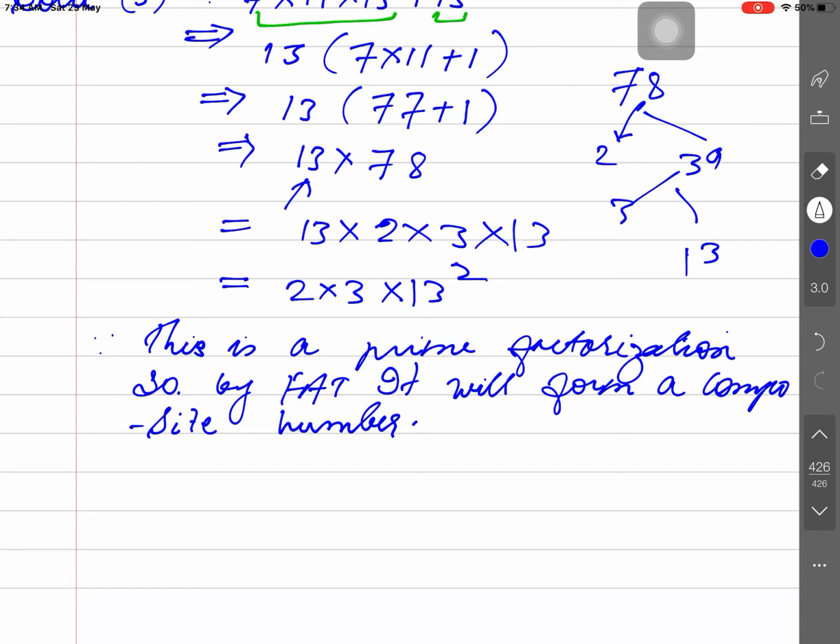We are not just saying this is a composite number; by the fundamental theorem of arithmetic, it will form a composite number.